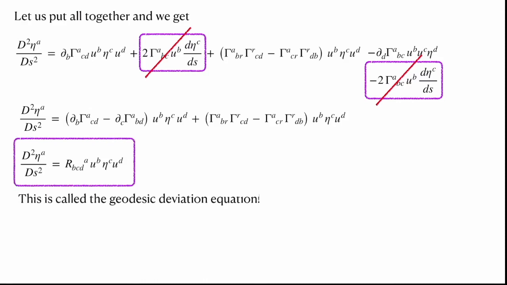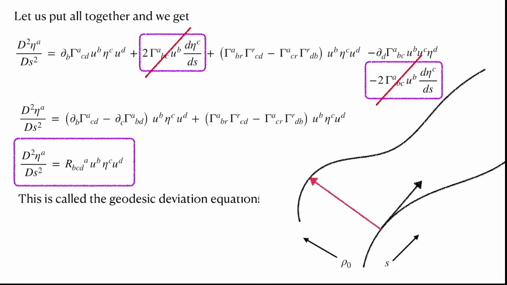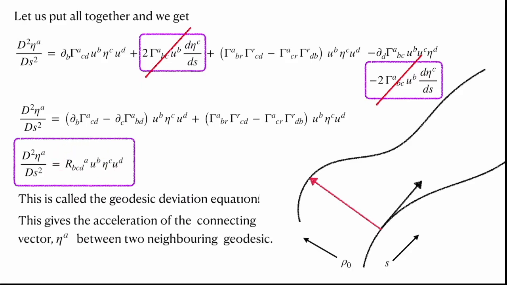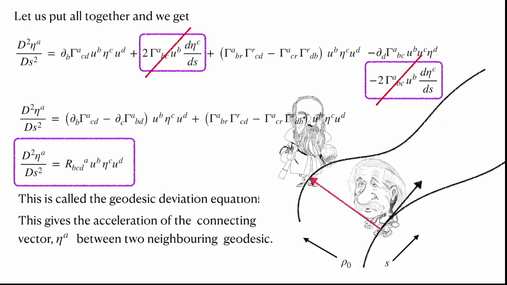This equation is called the geodesic deviation equation, which tells you how two geodesics move with respect to each other as you move along the geodesic. It is directly connected to the Riemann tensor, an inherent property of Riemannian geometry, and it is a very fundamental equation which tells us that two geodesics are accelerated if you have curvature.